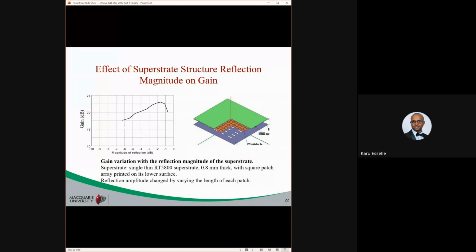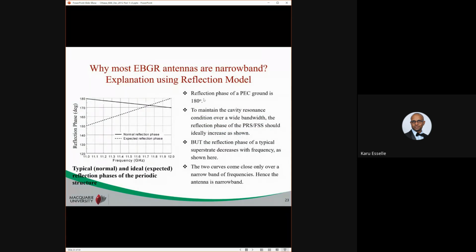And this changes with the type of RCA. So why were most of the early resonant cavity antennas, those days we were calling them electromagnetic band gap resonator antennas, that's why they are EBG resonators, why are they narrow band? They are narrow band because the reflection phase of most of the superstructures decreases with frequency.